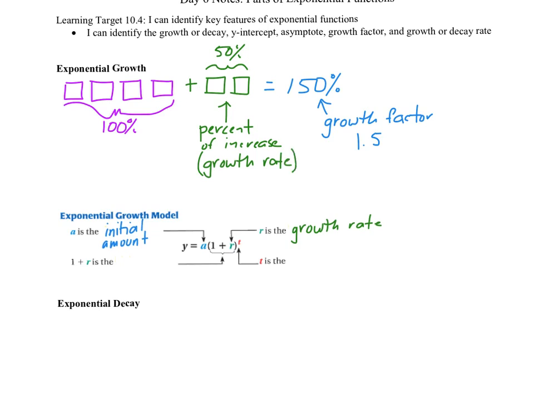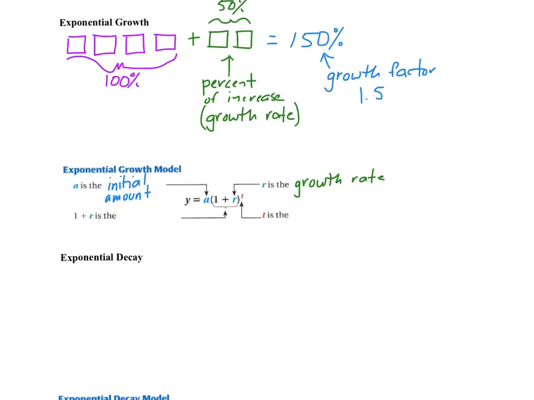So back up top there, okay. Then that 150% that we had up here is taking into account the 100%. So right here, my 1 in the equation is my 100% up there. It's like whatever we started with is being taken into account.